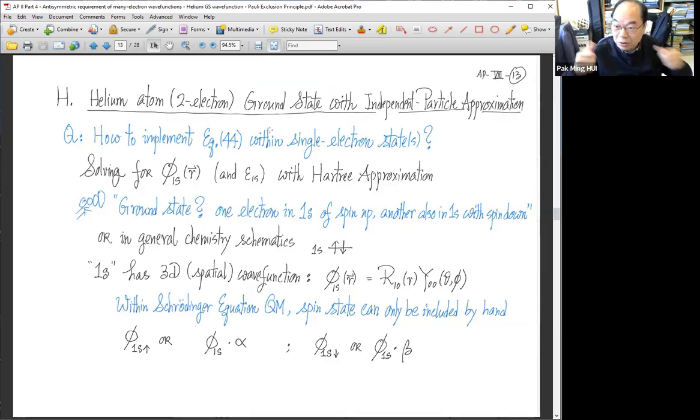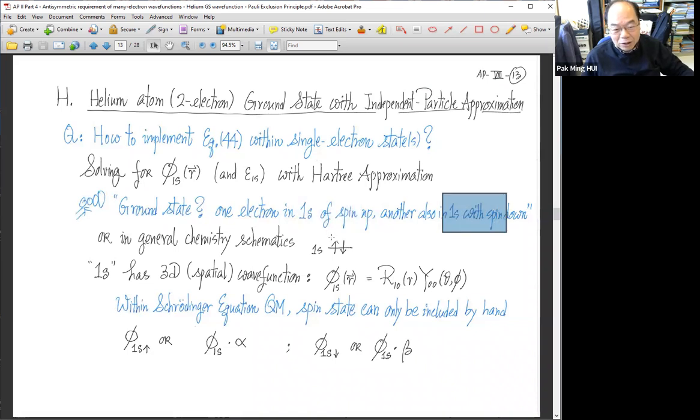We have 2 electrons, so 2 spin-half particles. What are they doing? Now we are talking about the ground state. Let's think, hand-wavingly, about what's going on. We expect the 2 electrons will both be in 1s, with one electron in 1s with up spin, and another in 1s with down spin.